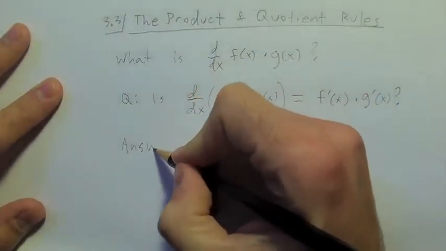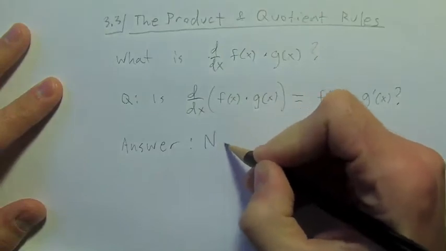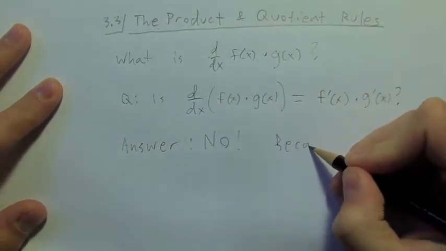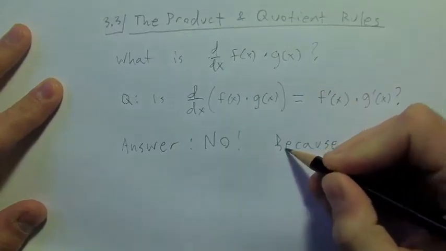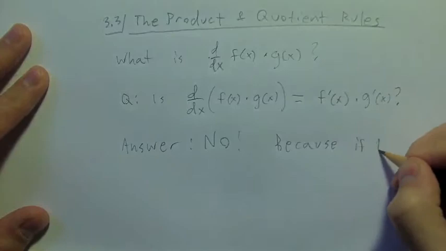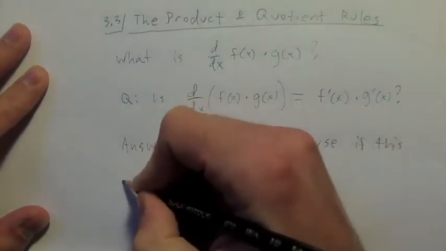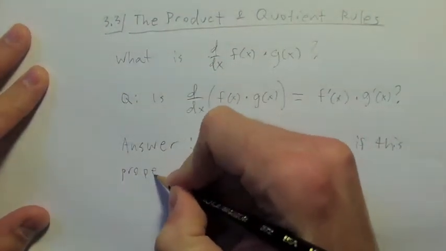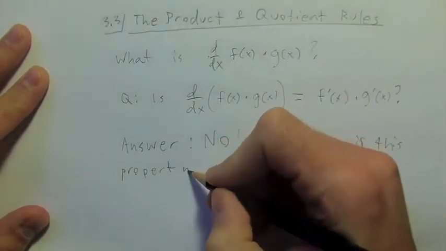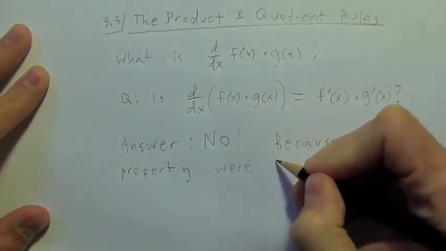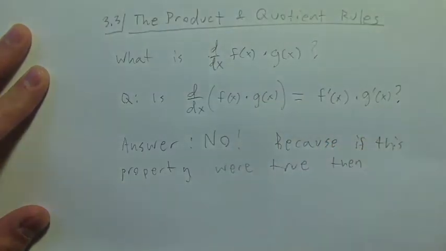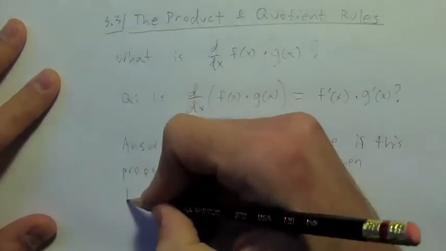Right? Because if this property were true, then the derivative of everything would be 0.